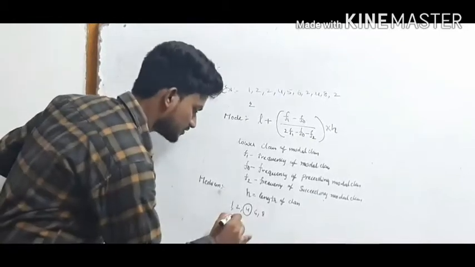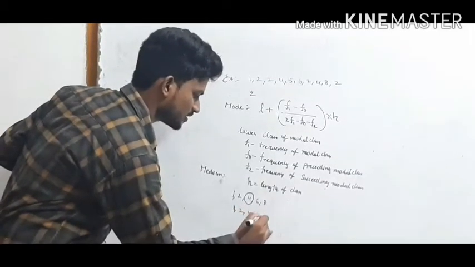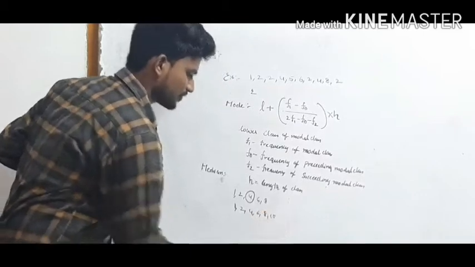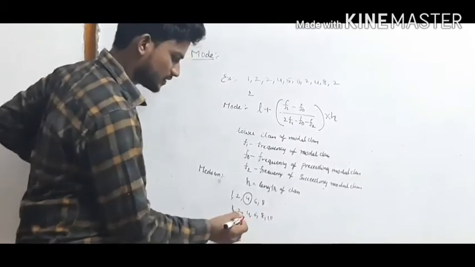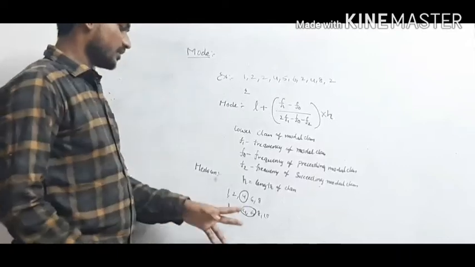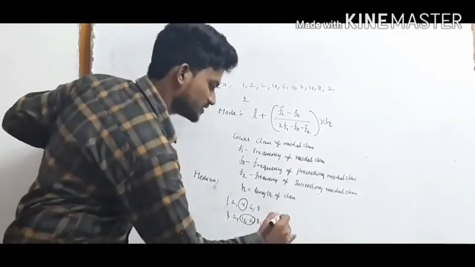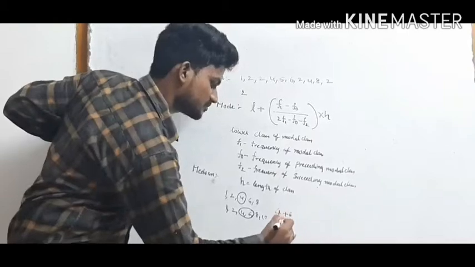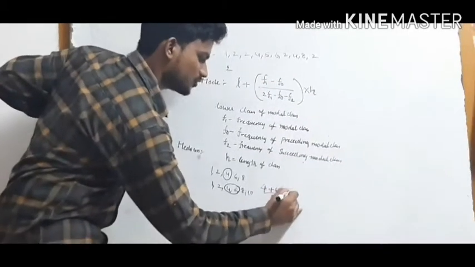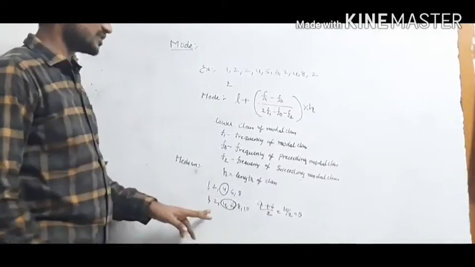If they give an even number of observations, such as 1, 2, 4, 6, 8, 10, the middle elements are 4 and 6. So we take the average of these two observations, 4 plus 6 by 2, that is 10 by 2, which is 5. 5 is the median of this observation.